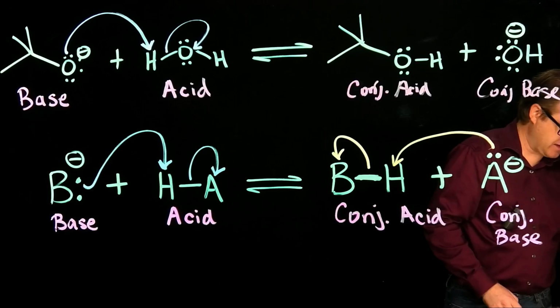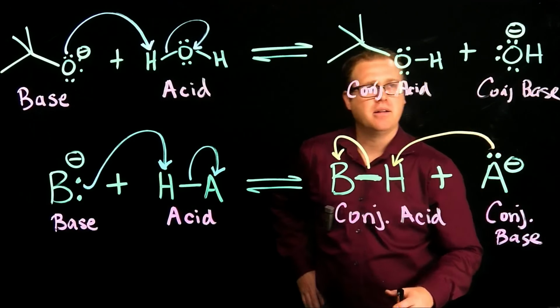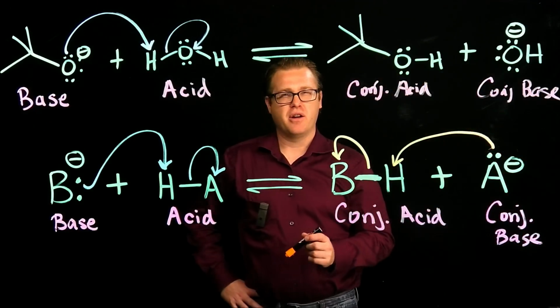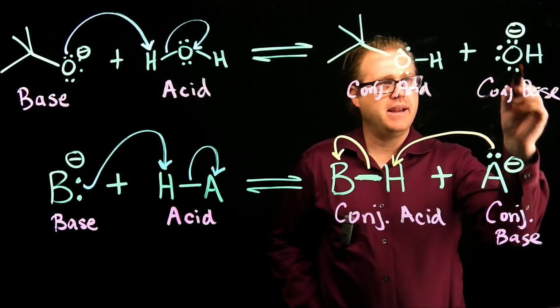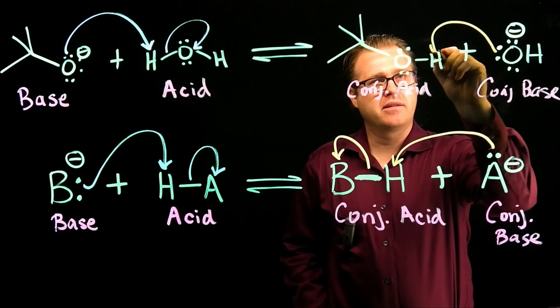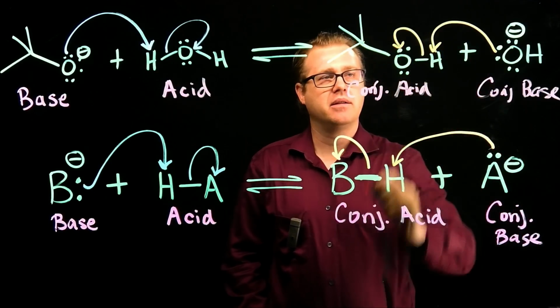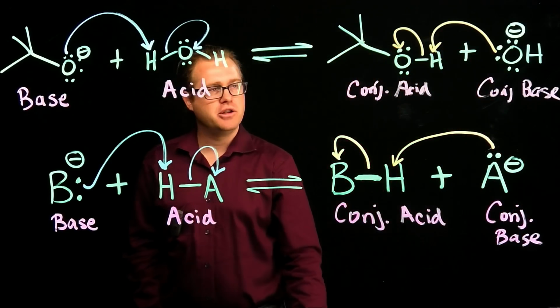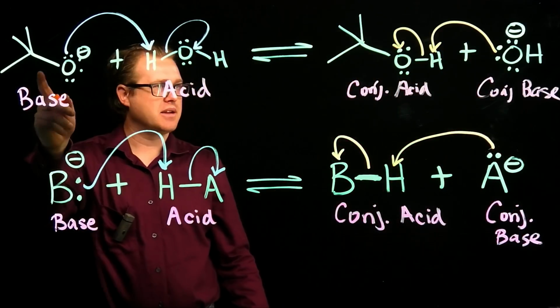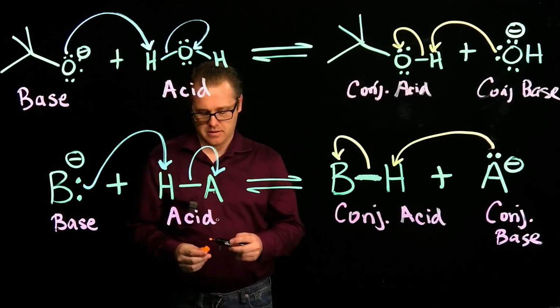Now let's stay consistent here and go in the reverse. We have to use the base to abstract the proton, and then the oxygen-hydrogen bond has to break, putting its electrons back onto the oxygen to give us this guy.